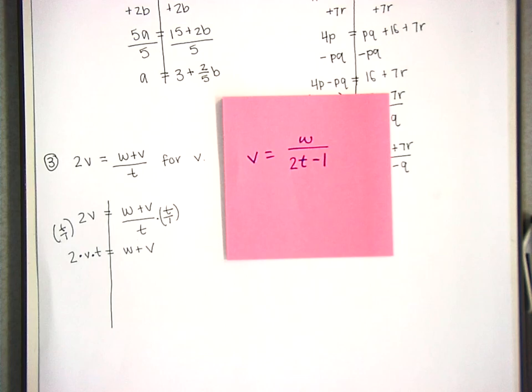And then on this side, you've got backwards distribution where you put a V on the outside and then divide the V's. You're going to divide by minus 1 because you're trying to solve.